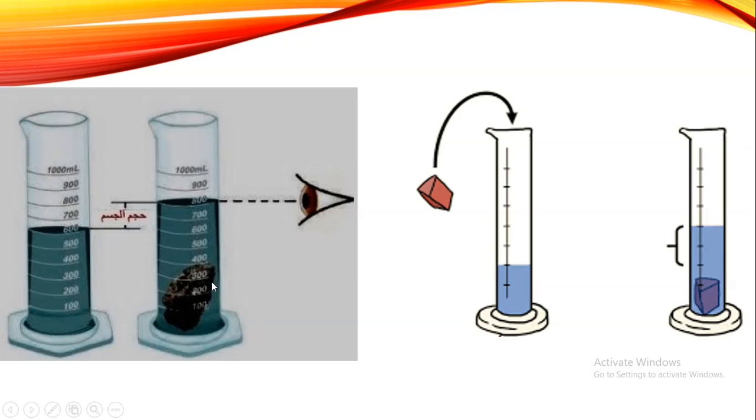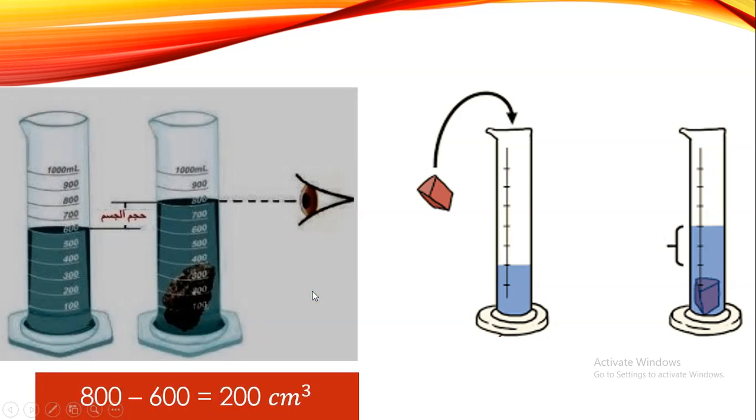As we mentioned before, we're going to measure its volume by sinking it in water, right? So the water before sinking the rock is 600 milliliters. Now when you sink the rock, the water level rises to 800 milliliters.